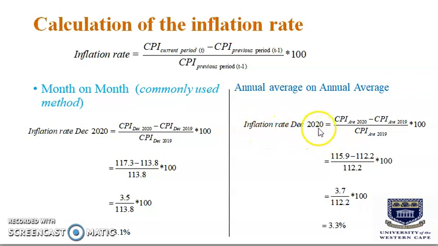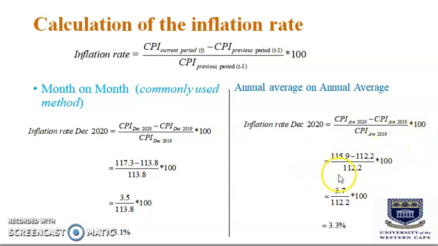The inflation rate for December 2020 is equal to the CPI, which is the average for 2020, minus the CPI, which is the average for 2019, divided by the CPI, which is the average for the year 2019, multiplied by 100.